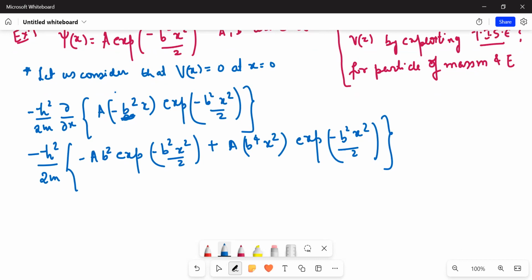The derivative will come out as 2x because minus b square x upon 2. Let me recheck if there's a mistake. This is fine. Again, if I take the derivative, this will dissolve. And if I take the derivative here, the exponential will remain the exponential, and minus b square x will be accompanying. So this will be b to the power 4 x square. Okay, this is fine.